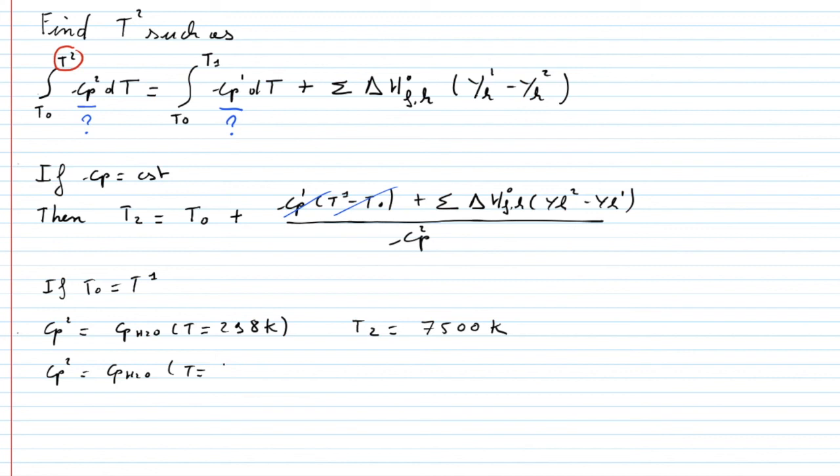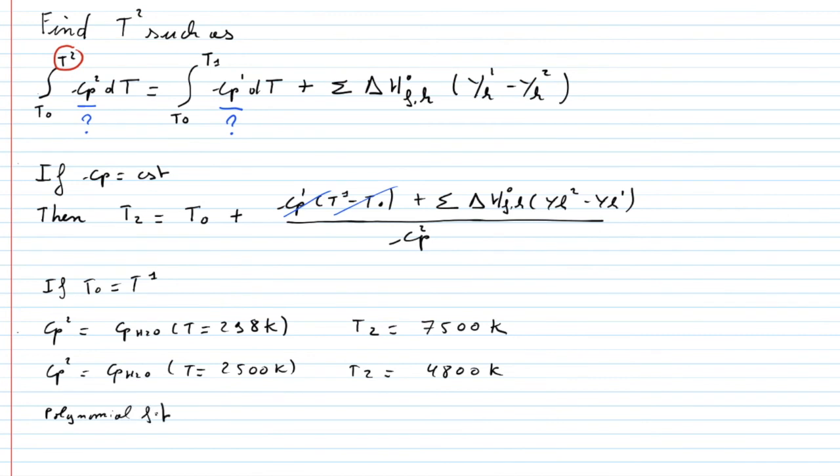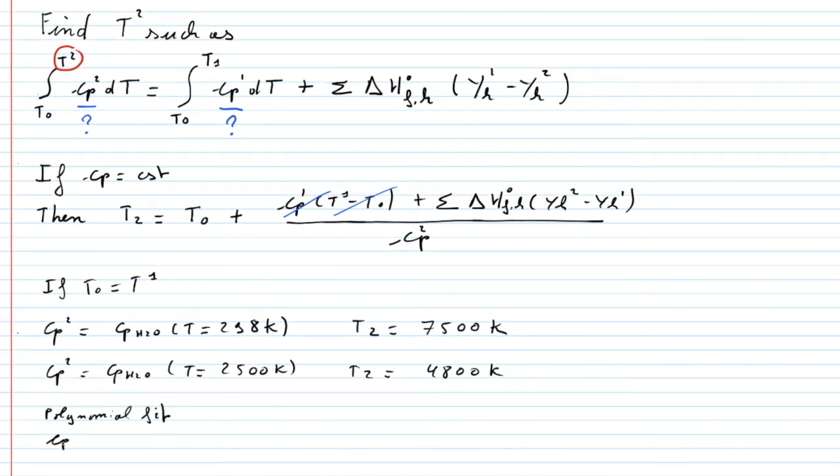If we do the math again, then we find a totally different solution where T2 is now equal to 4,800 Kelvin. To be accurate, it is therefore mandatory to account for the variation of heat capacity with the temperature.